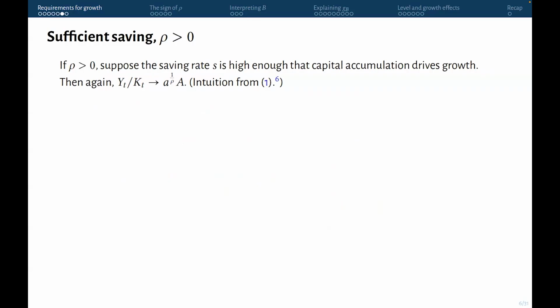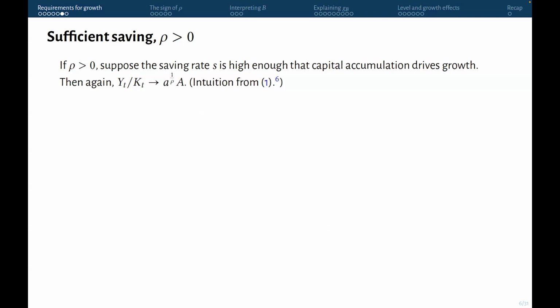Now, suppose the savings rate is high enough that capital accumulation. Oh yeah, right. Good. So now we're in the gross substitutes case. Suppose the savings rate's high enough that the sufficient savings inequality holds, but in the other direction, the direction where we'd be in the effective labor constrained world under gross complementarity.